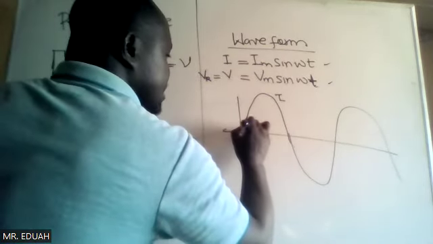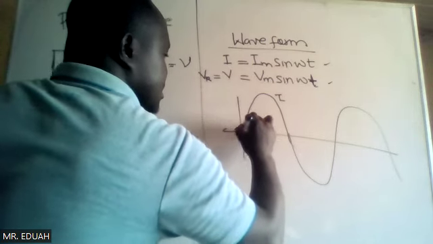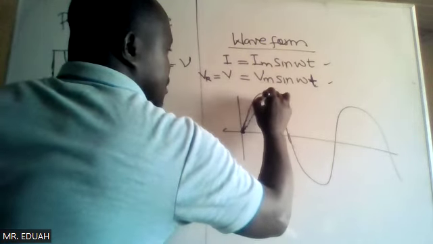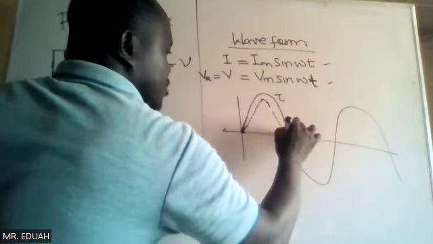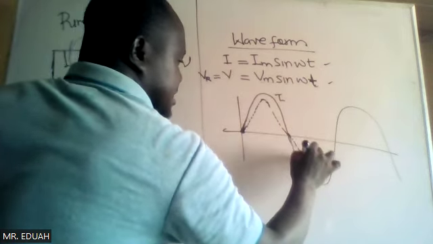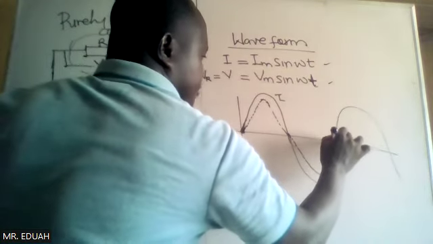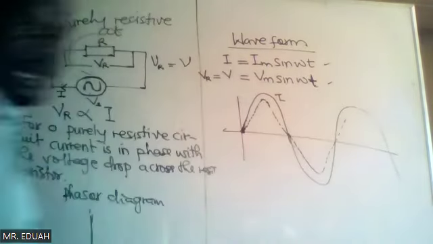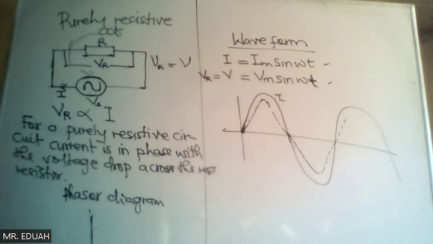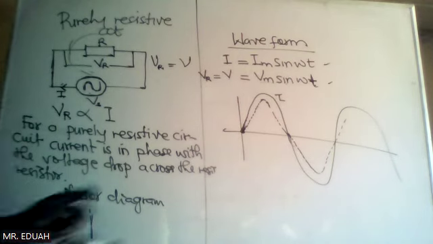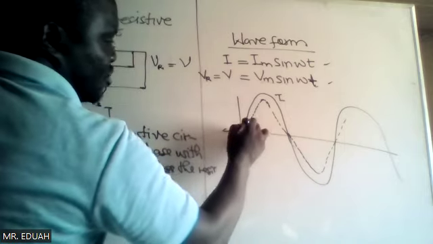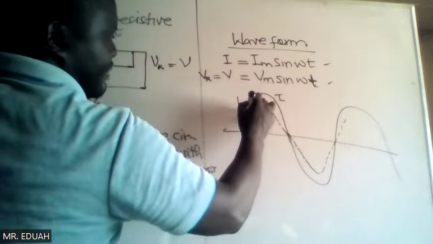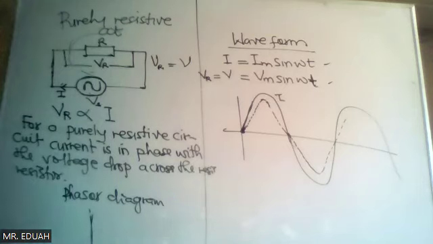It will also begin at this same point, get to the maximum, fall to 0, get to the maximum, fall to 0, just as the current is also behaving. They say one just lies on the other, but I can't draw the second one on the first, or else you won't see any difference.